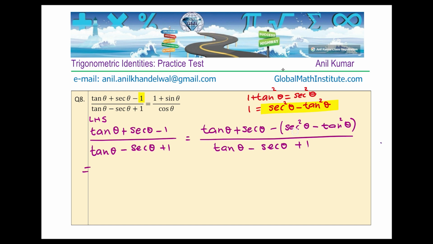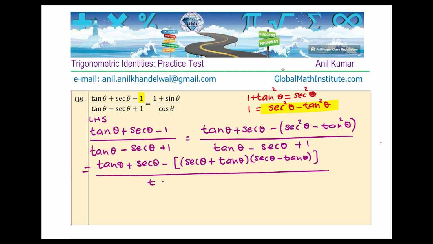Now the numerator, as I was saying, this can be factored out. So if I factor this, what do I get? I get tan theta plus secant theta minus secant theta plus tan theta times secant theta minus tan theta. You get the idea.